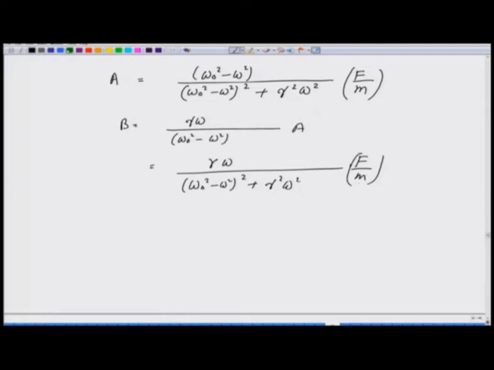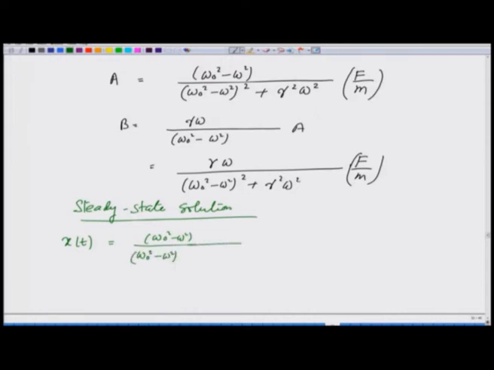Now, I have found both A and B, and therefore, I can write my steady state solution as x t equals omega 0 square minus omega square over omega 0 square minus omega square, whole square, plus gamma square omega square, cosine of omega t, plus gamma omega over omega 0 square minus omega square, whole square, plus gamma square omega square, sine of omega t, and this whole thing is multiplied by f over m.